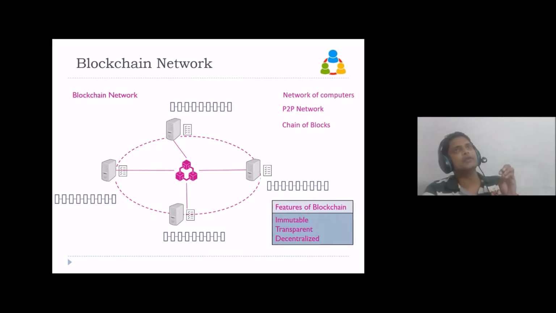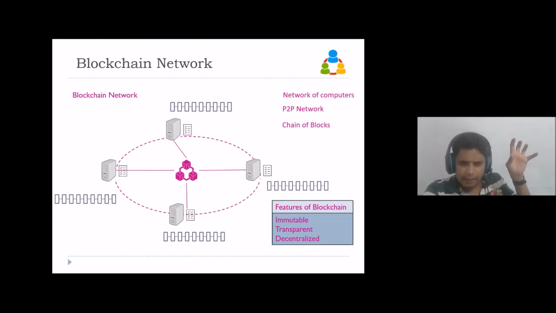There is no single point of failure. Usually, in a centralized network, all the data is stored in a central server. In a banking network or a railway network or an IRCTC network, where you do the booking and all, all the booking information is stored in a centralized server.